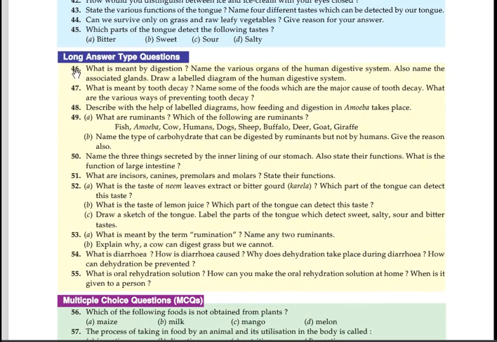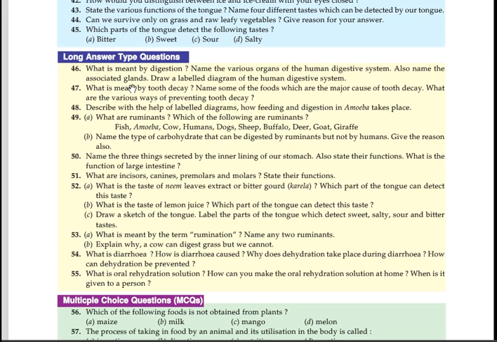Note down this question. Question number 46. What is meant by digestion? Name the various organs of the human digestive system. Already I said: buccal cavity, food pipe, stomach, small intestine, large intestine, anus.